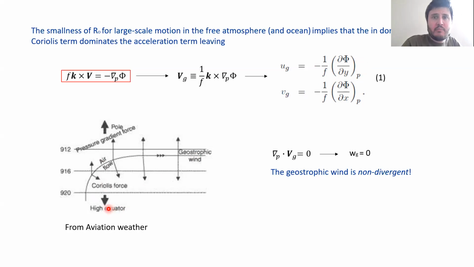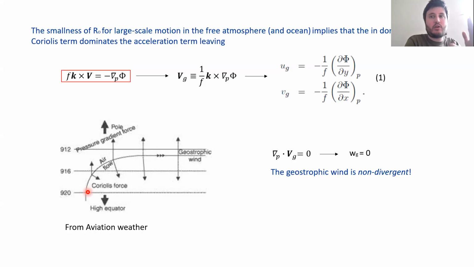And that implies we have a force, so we'll have an acceleration. A fluid particle is going to start accelerating. But remember that the Coriolis force is proportional to the velocity. As the particle's velocity increases, the Coriolis force also gets bigger, and it tends to turn the particle.